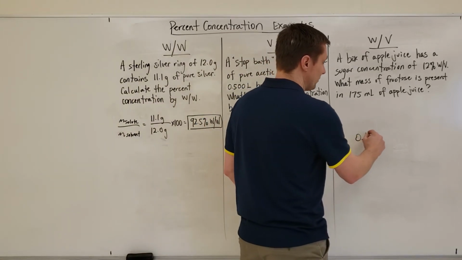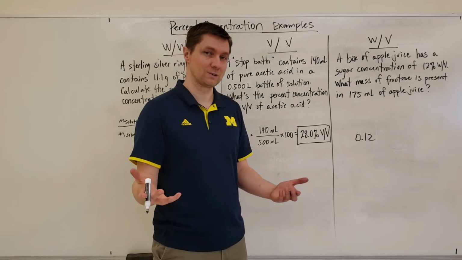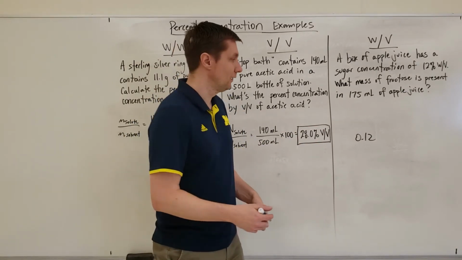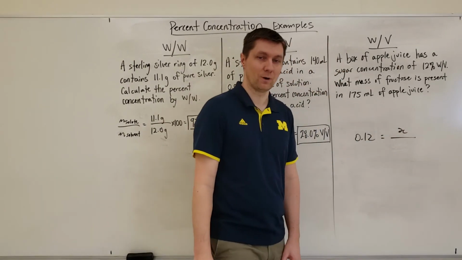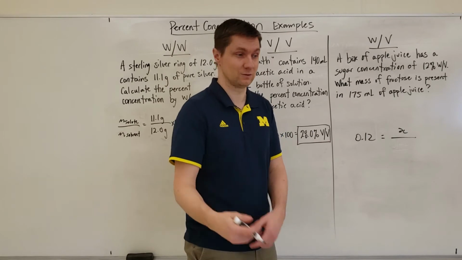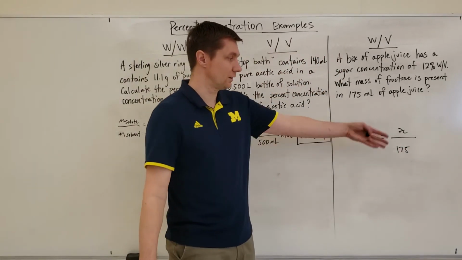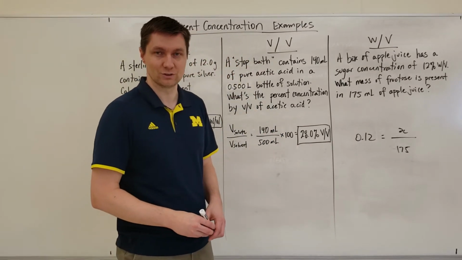We know that percentage is expressed as a decimal when we're expressing it as a real number: 0.12 is 12%. If we want to know how many questions the student got right, we would need to know how much the test was out of. So if the test was out of 175, then algebraically I could quickly solve for x and figure out how many questions the student got right.